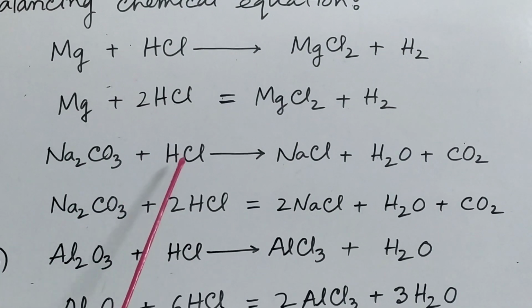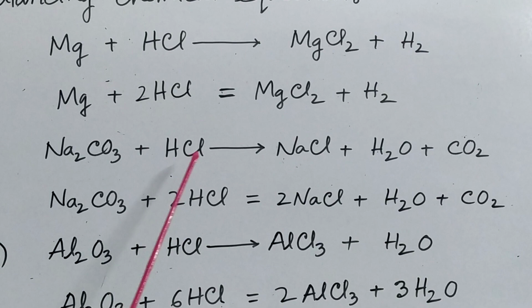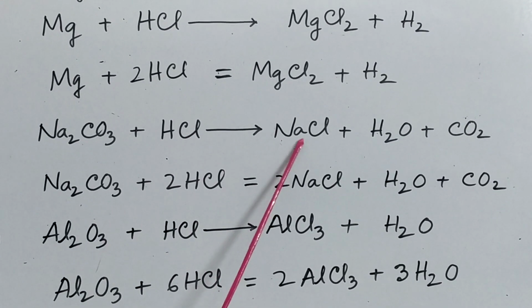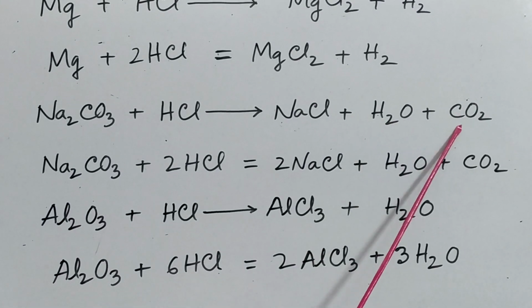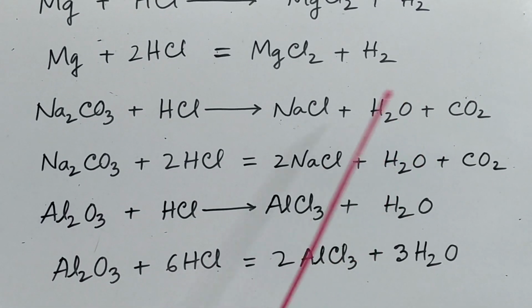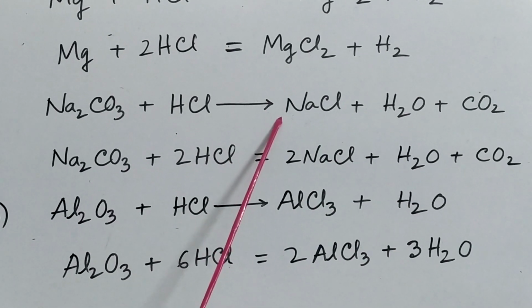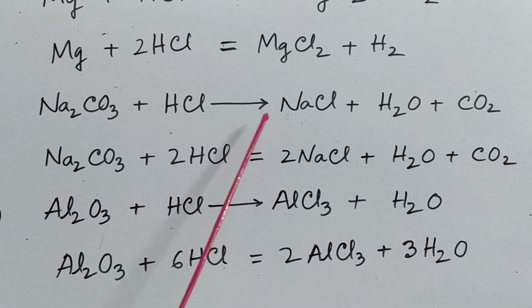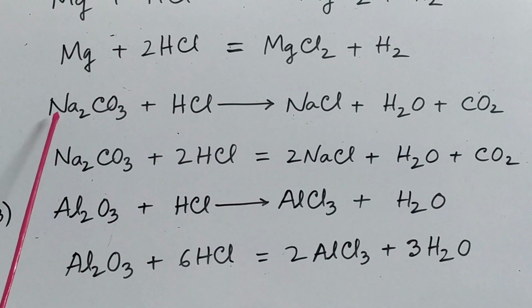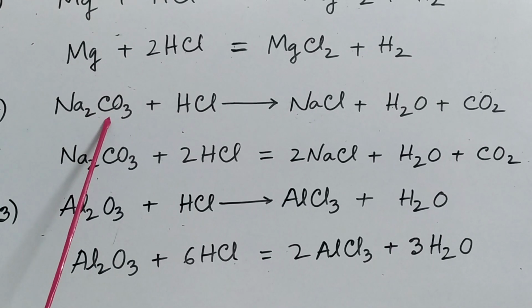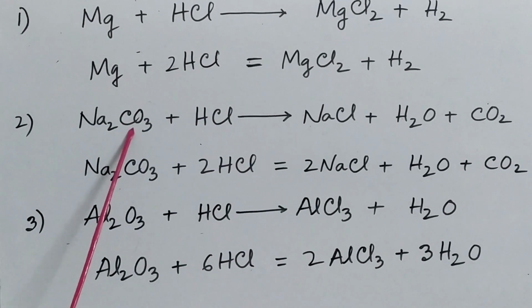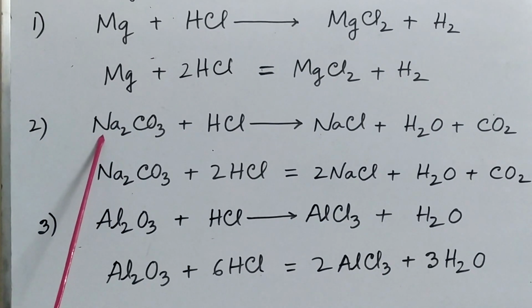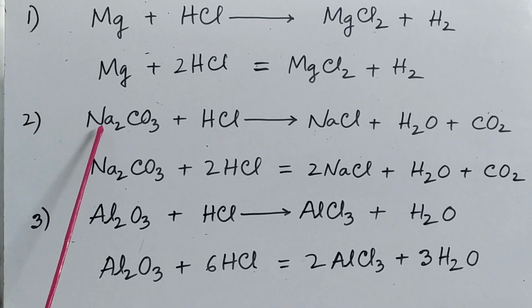Sodium carbonate reacts with hydrochloric acid to produce sodium chloride, water and carbon dioxide. Okay, now we have to balance the reaction. Here everybody see that Na2CO3, CO3 is the radical carbonate, valency is 2, and sodium is metal, valency is 1.